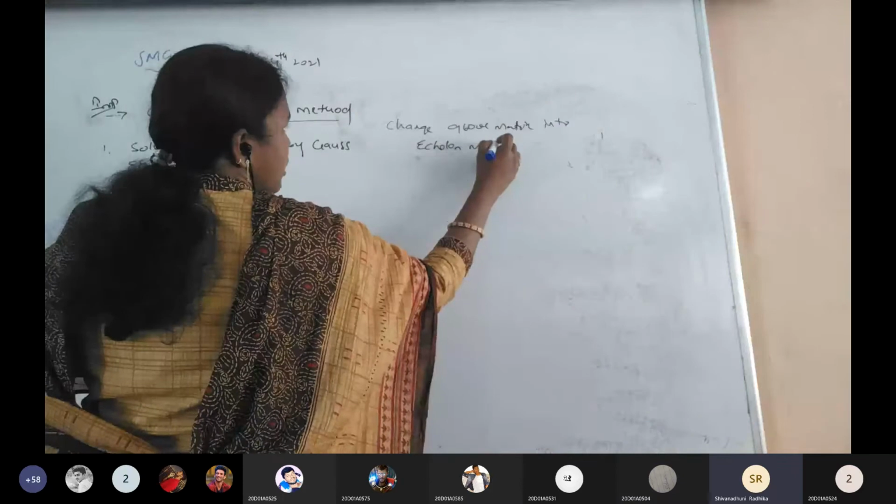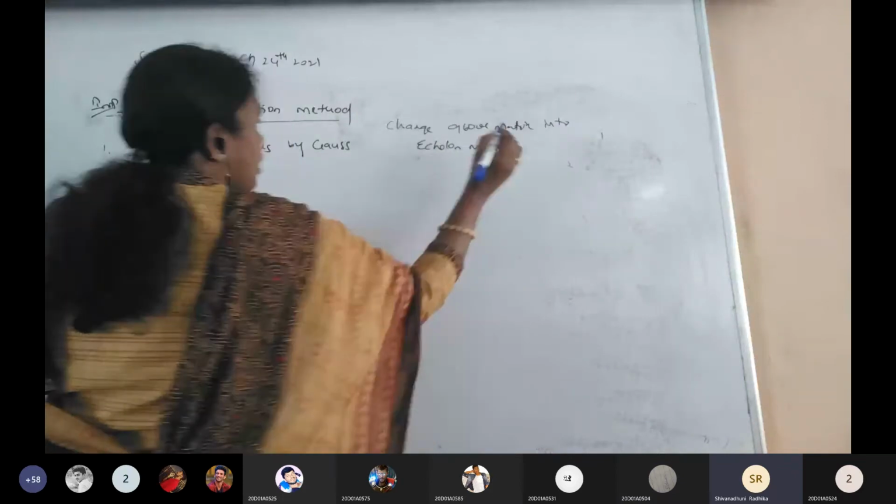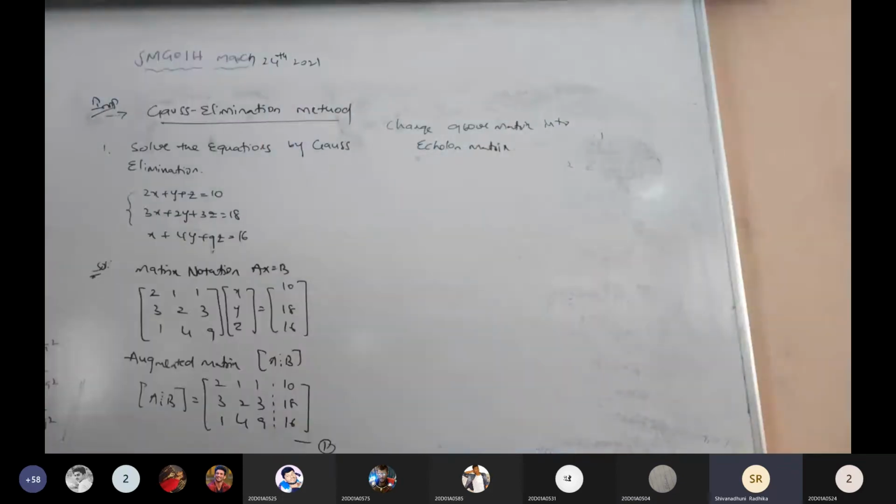Very good. Echelon matrix. Now, in the echelon process, the first element is the pivotal element, right? Now, by using this pivotal element, we need to change the elements below it into zeros using only row operations. And it is R2, R3.